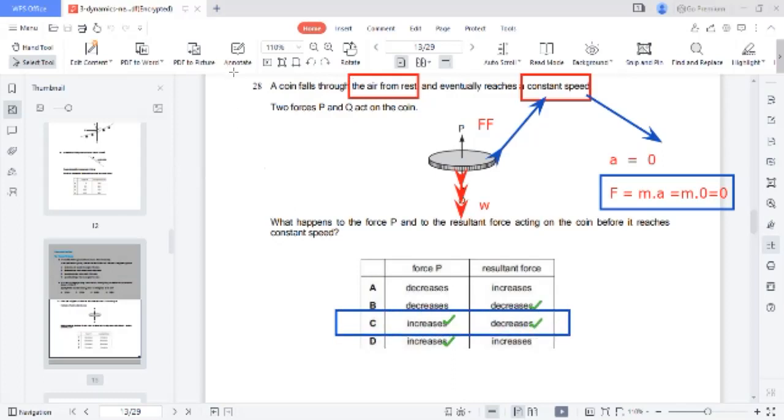Now P increases and increases until the friction force becomes equal to weight. Before both of them are equal, P increases and the resultant force decreases.